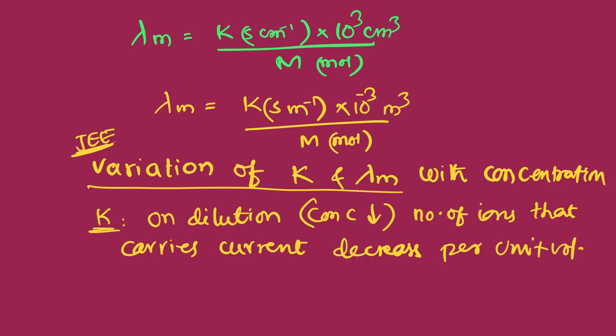This is the reason. On dilution, whatever extra volume is added, the solution flows out along with the electrolyte salt also. Therefore, the number of ions decreases. So concentration increases, conductivity increases; concentration decreases, conductivity decreases.